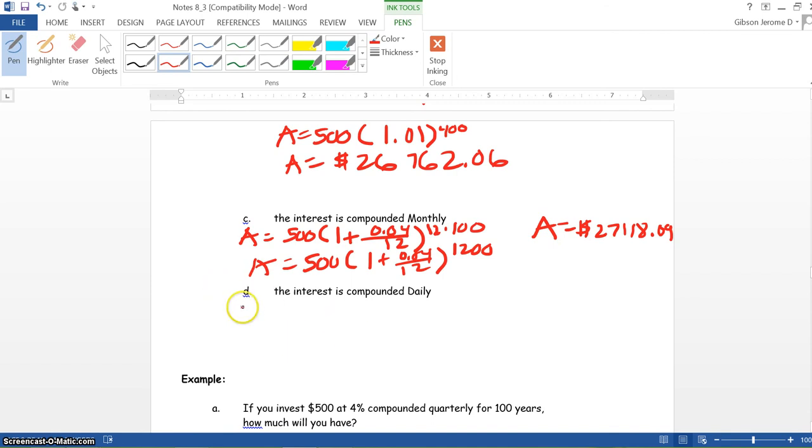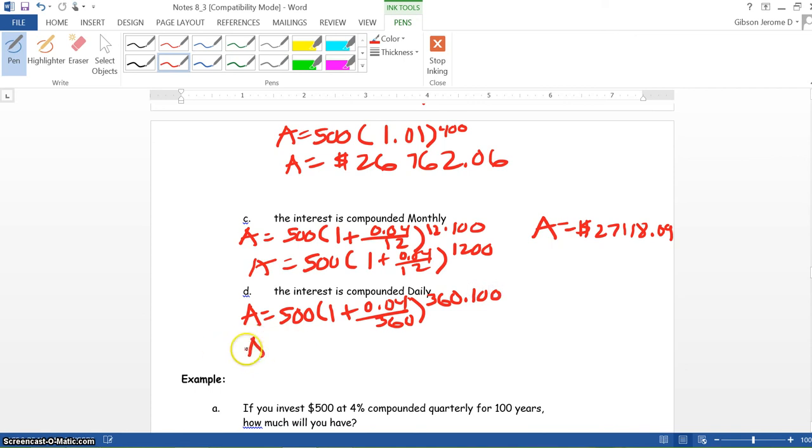Now we go here to D. It says compounded daily. Same formula, but remember our daily would be 360 days. The rate is 0.04. Daily is 360. So we would take N 360 times T, which is 100.